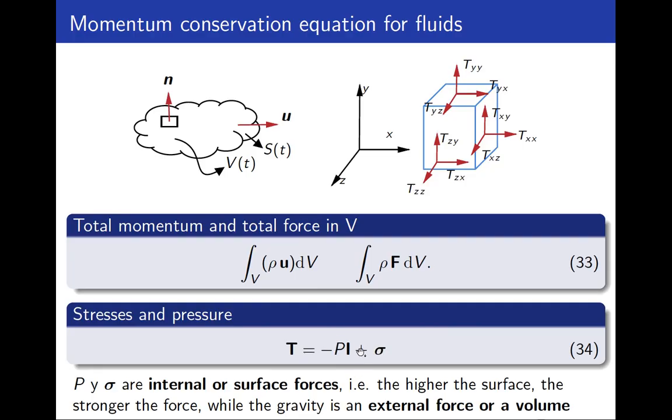But then you also have a second quantity, which is known as the stress tensor of the fluid. Here it is sigma. Sigma is also a tensor, a matrix of 3 by 3. There is a stress tensor for each fluid in the world.